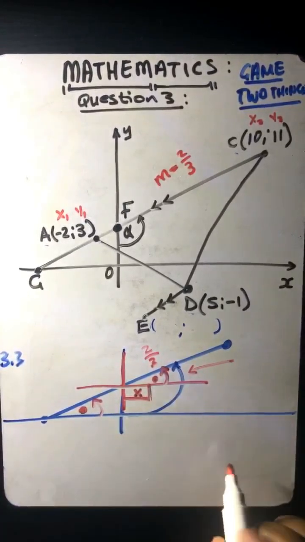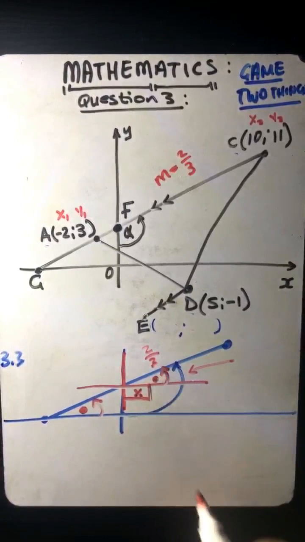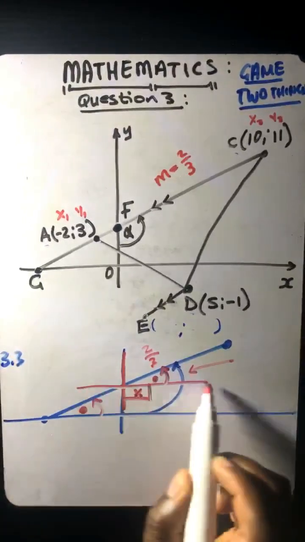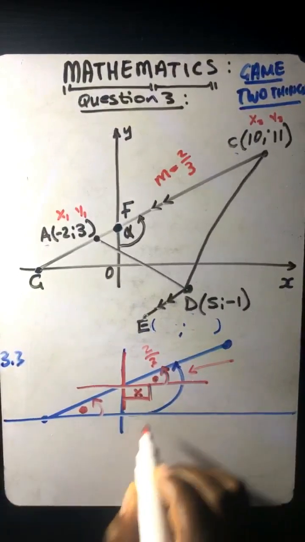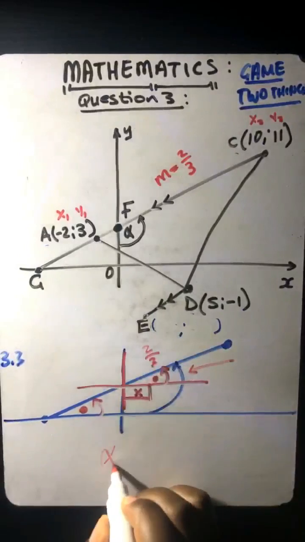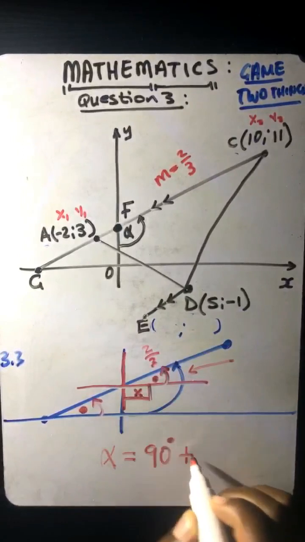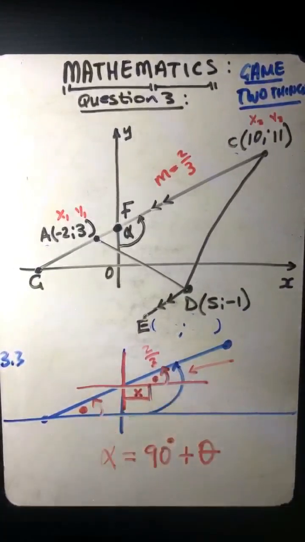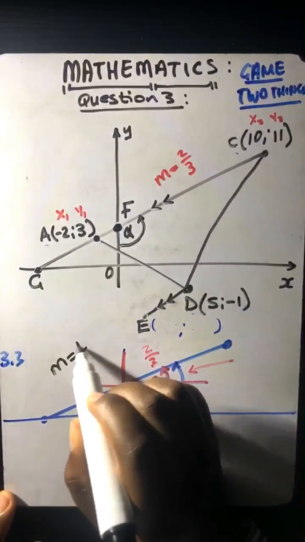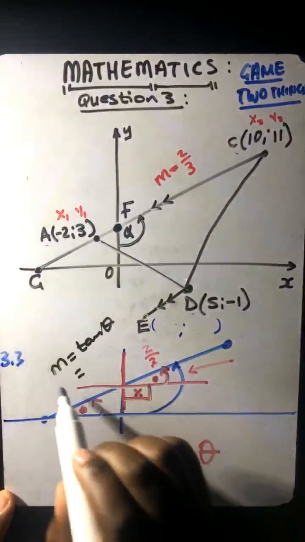Moleboge, what you did was actually to calculate an angle of inclination, because that one is calculated with reference to that horizontal line. So what you had to do was to say that angle alpha is going to be 90 degrees plus the angle of inclination, which is this smallanyana angle. You used what you know about this formula, which says m is equal to tan of the angle.